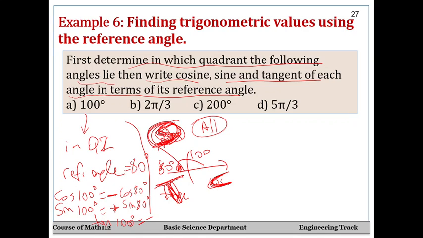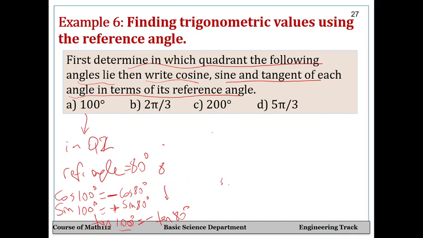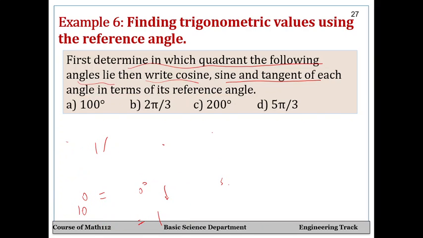So tangent 100 will be minus in the second quadrant, so it is minus tangent 80 degrees. In the same way, we will find the reference angles and the quadrants, set up the relation, and determine the sign of the trigonometric values.